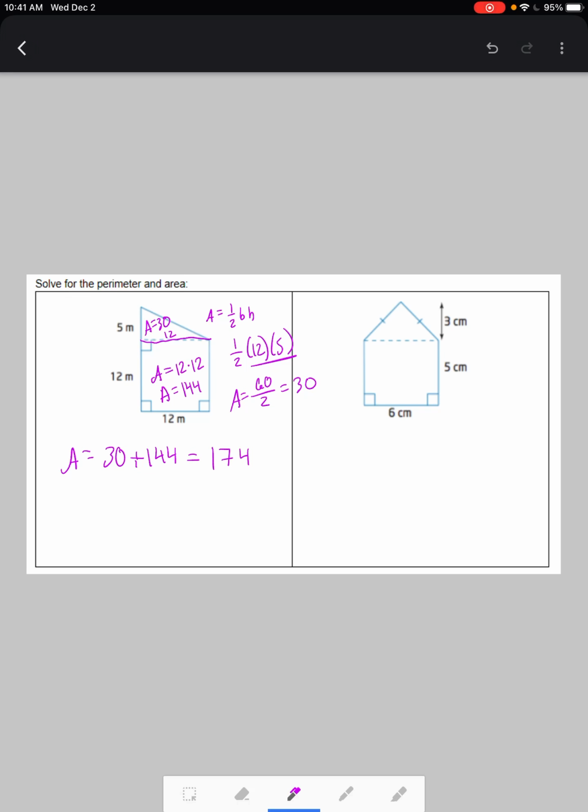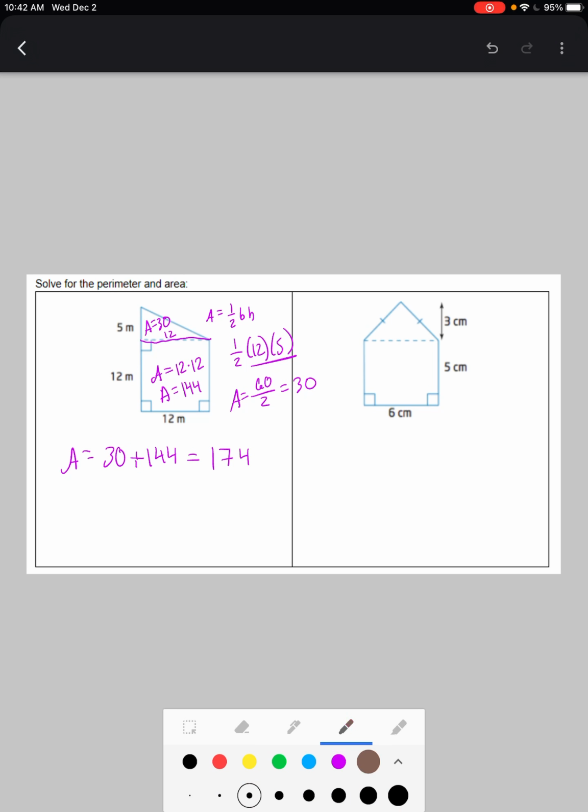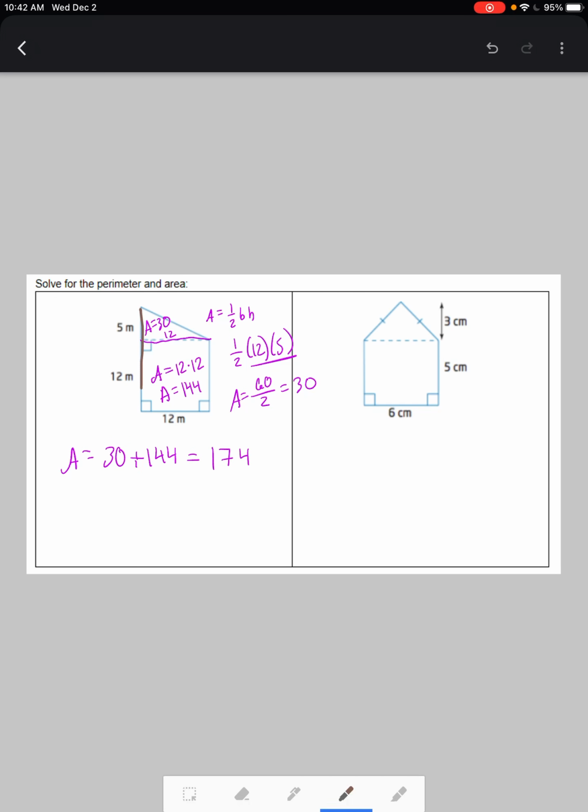Next, we have to do perimeter, which is a little bit more tricky because we got this triangle here. So if we take our edges, and I'll do this in a different color, we're not looking for the inside, but basically a tracing of the outside. So we have 5 here, 12 here, 12 on the bottom. We know that this is also 12 because it's a mirror of the other side, but what we don't know is that right there. So we have to take that triangle out and set up our little Pythagorean triangle.